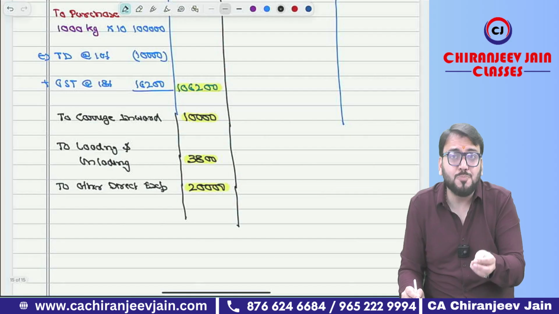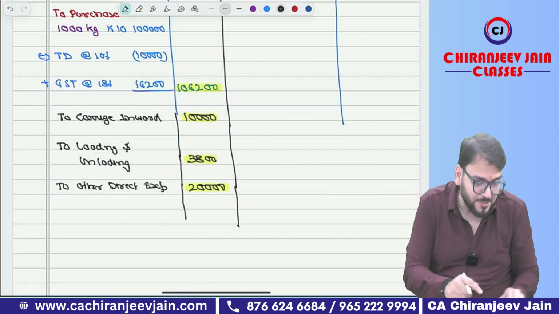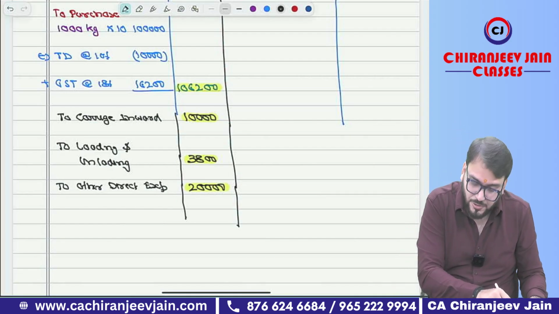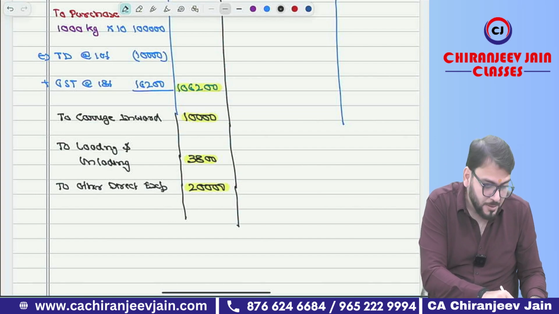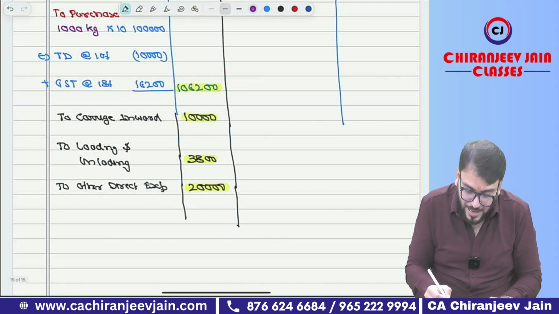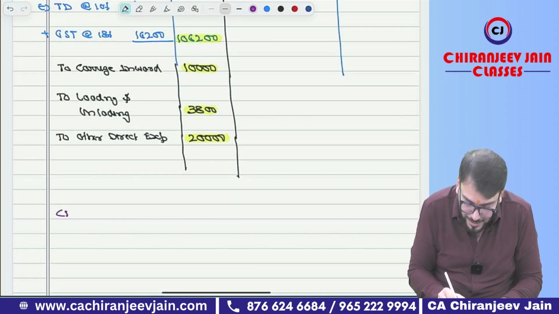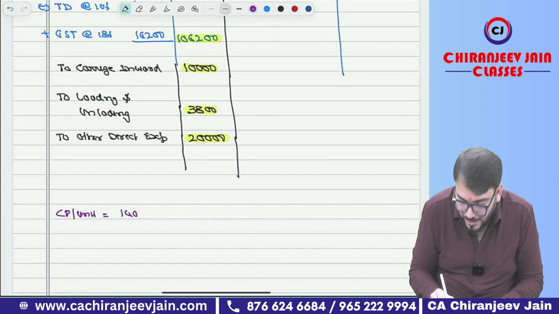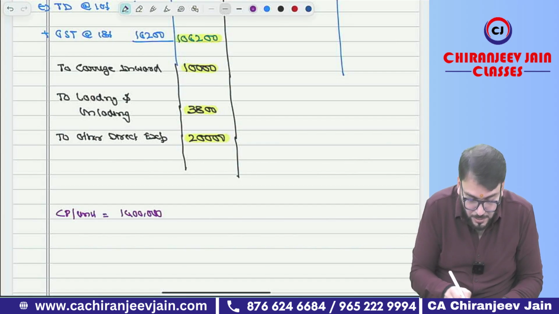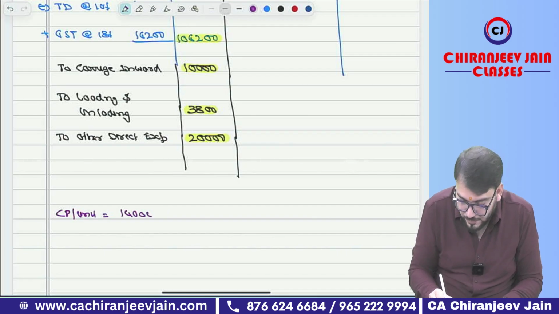Means what is the cost price per unit? Check karo. So 1,06,200 plus 10,000 plus 3,800 plus 20,000. It is 1,40,000. So the total cost is 1,40,000.